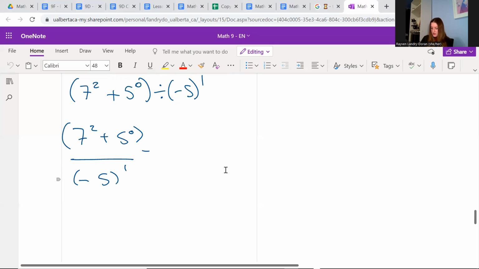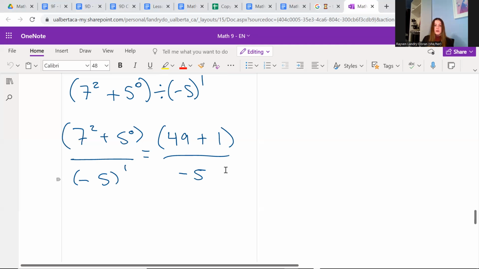So this is equal to 7 to the power of 2. What is that? Oh, it's 49 plus 5 to the power of 0. That is equal to 1. We learned that last class. And divided by minus 5 to the power of 1, which is equal to minus 5.